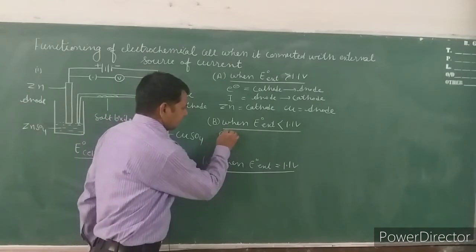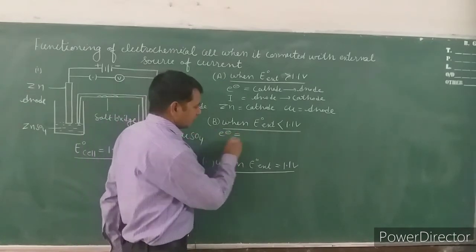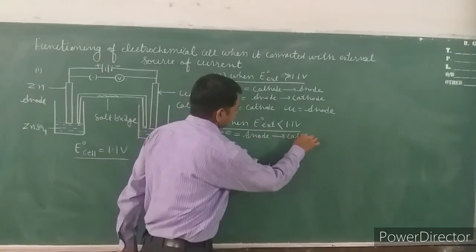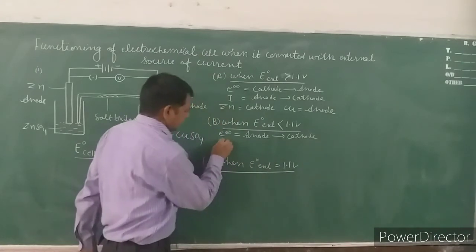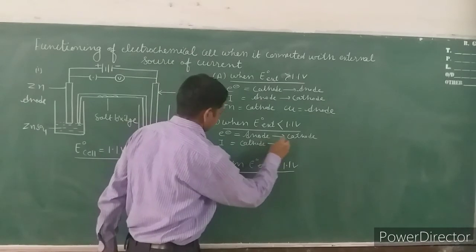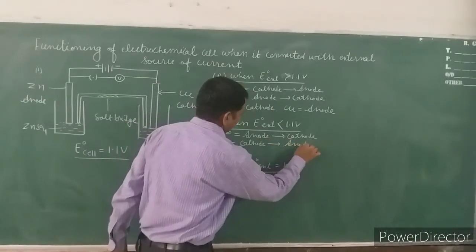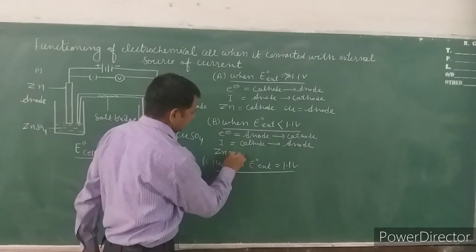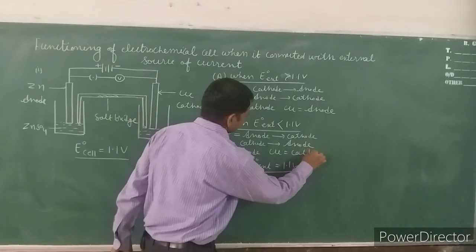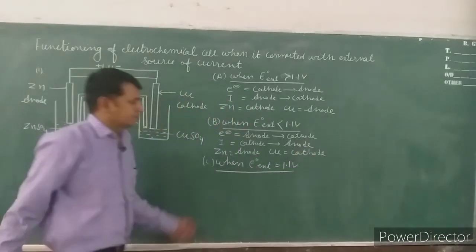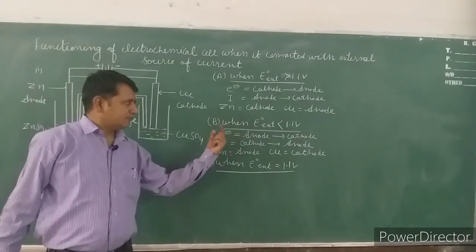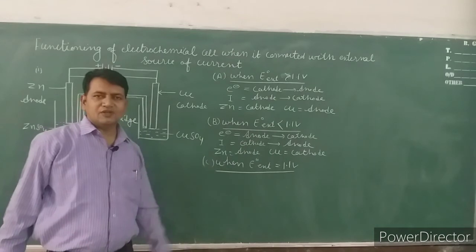This means the flow of electrons will be from anode to cathode and the direction of current will be cathode to anode, and as usual zinc will work as an anode and copper will work as a cathode. This is the result when the external source of current has potential less than 1.1 volt.